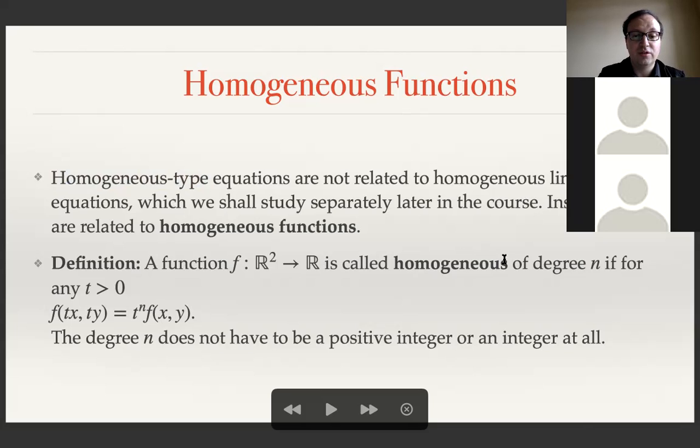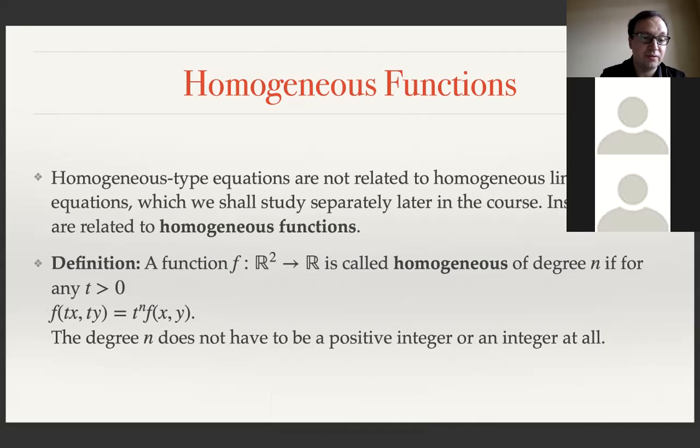First, let's define a homogeneous function. A homogeneous function of 2 or more variables is called a homogeneous function of degree n if for any t bigger than 0, f of tx, ty is equal to t to the n f of x and y. The same is true if it's a function of more than 2 variables.